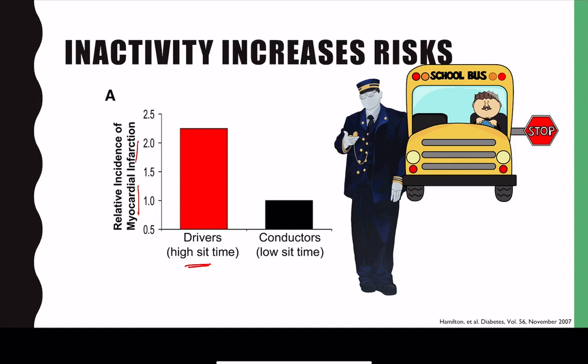They maybe have some slow ambulation waiting for the bus or stabilizing themselves against a moving vehicle, but in general they stand. So the difference between these two groups is one has more sitting than the other. Just increasing the amount of sitting created a 2-fold higher risk of myocardial infarction.